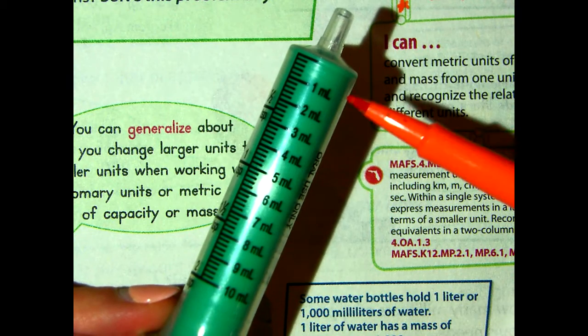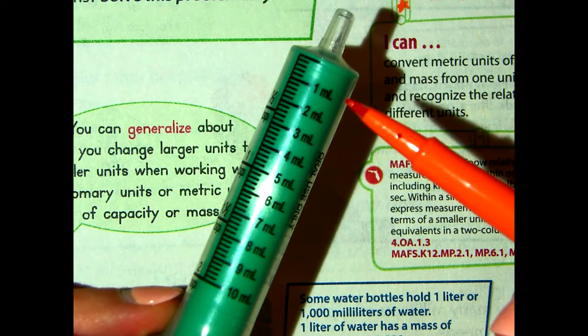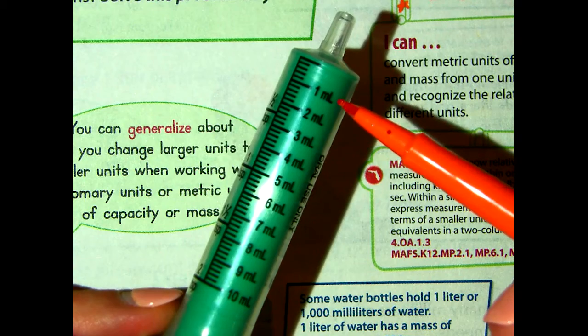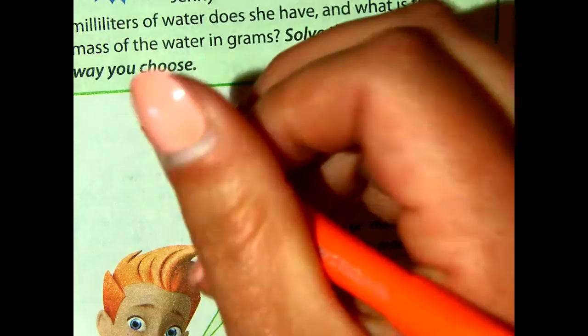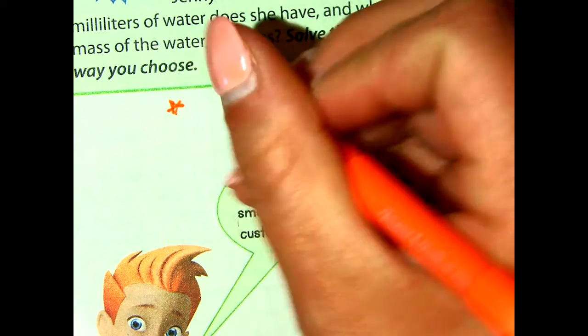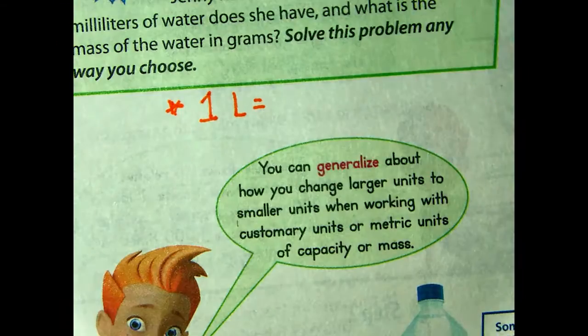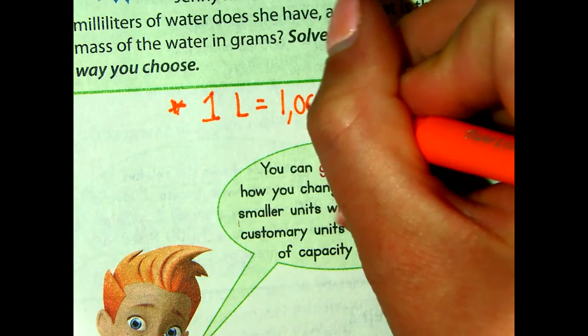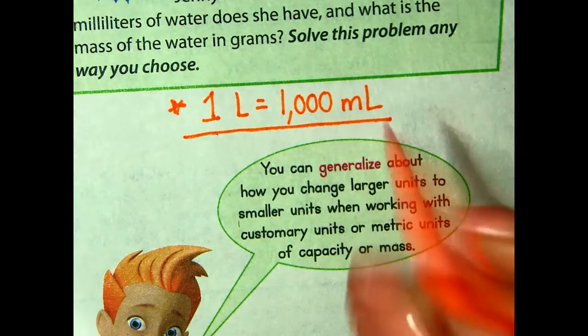So keeping in mind what your reference sheet tells us, that there are 1,000 milliliters in 1 liter, I might even want to jot that down right here, that 1 liter is equal to 1,000 milliliters. So that's the measurement conversion that we know.